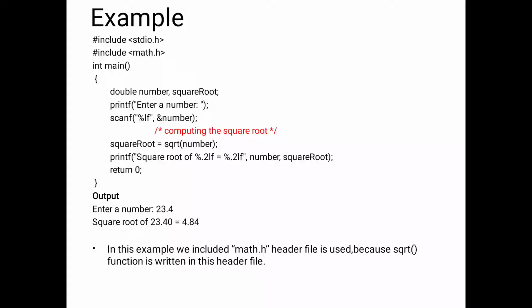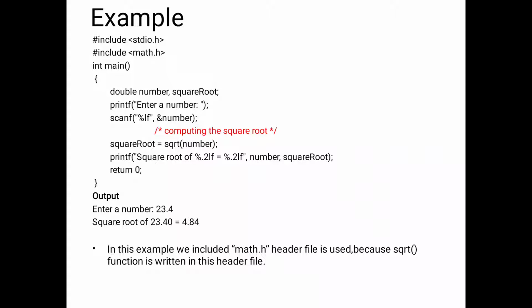So let's see an example of a built-in function. Here, as I said, #include <stdio.h> and #include <math.h>. These are all header files. stdio means standard input output, and .h means header file. math.h is especially used for calculations, to solve mathematical problems.